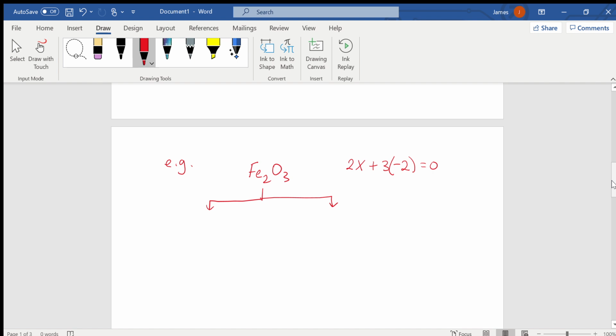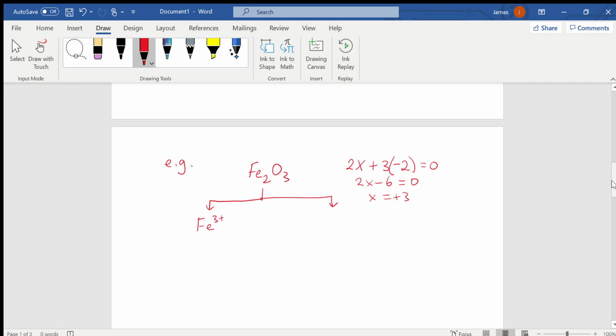So I need to solve for the variable charge. I've got 2x minus 6 is 0. Take the 6 to the other side, so x is +3. So that's my charge in this case. So I know I have iron 3+. That's the choice out of the variety.